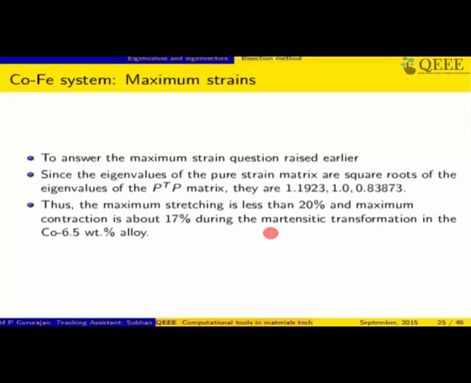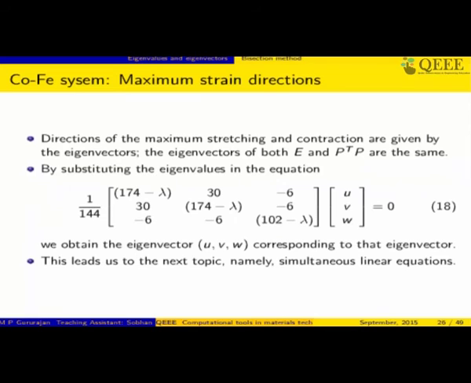But this information alone is not sufficient. In addition to knowing that something increases by 20% and something decreases by 17%, I am also interested in knowing which directions those are. The maximum stretching and contraction directions are given by the eigenvectors, and the eigenvectors for E and P transpose P are the same, only the eigenvalue is different. So how do we get the eigenvectors?